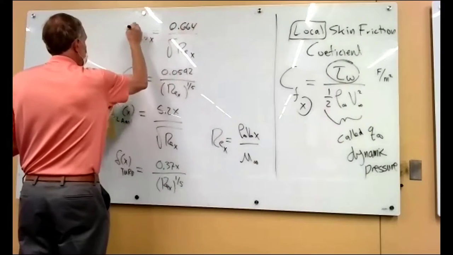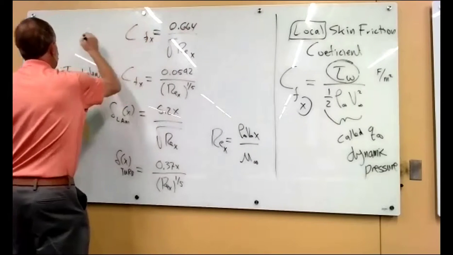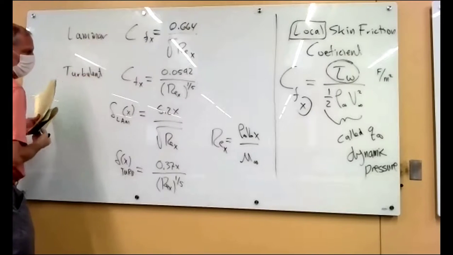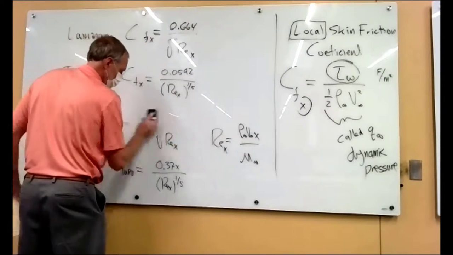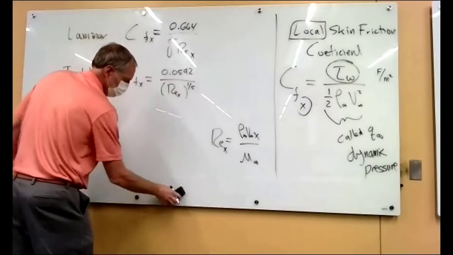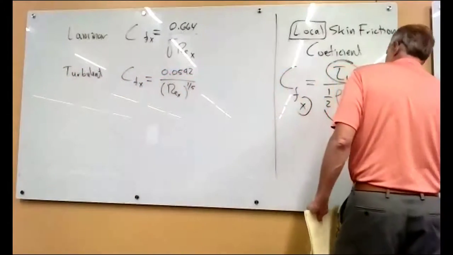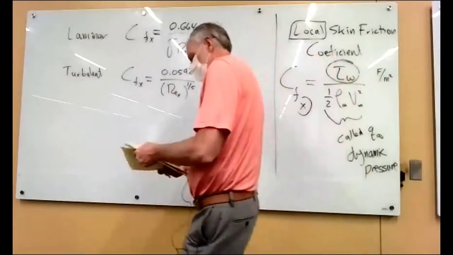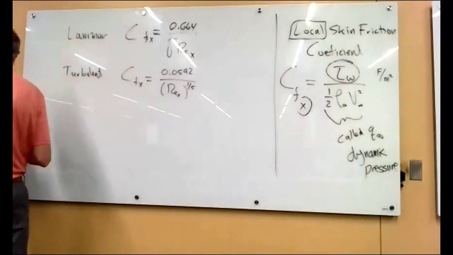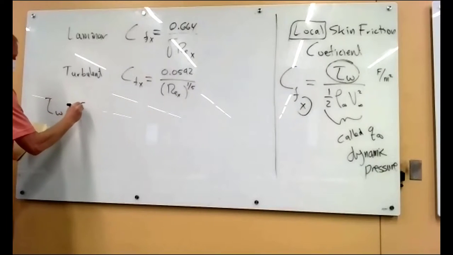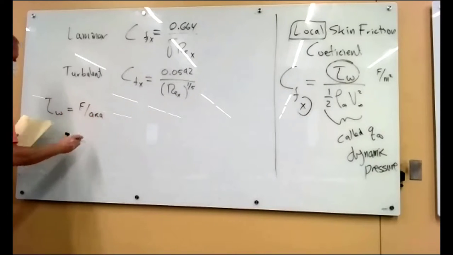I'll move down here. So this is laminar. So tau sub wall is force per unit area.